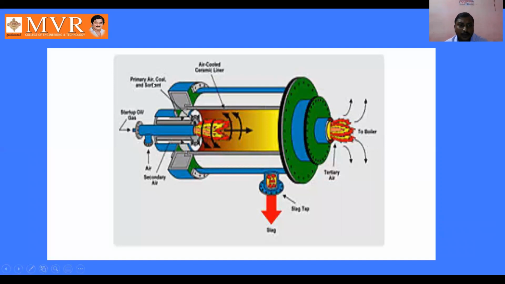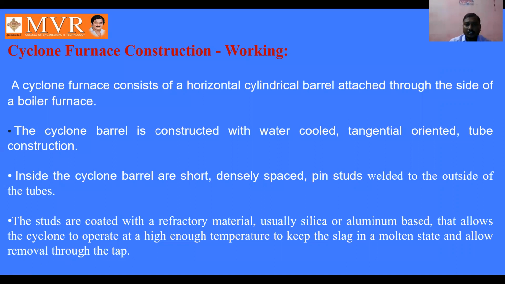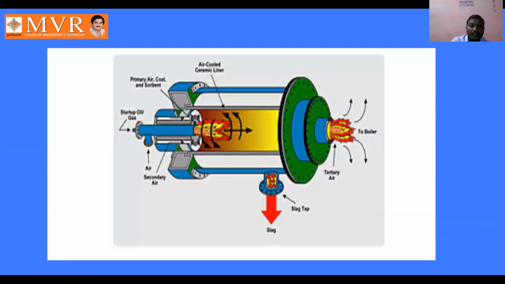The primary air and coal are fed here into the horizontal cylindrical barrel, and inside the cyclone barrel we have these densely spaced pin studs welded to the tubes, which are air cooled.